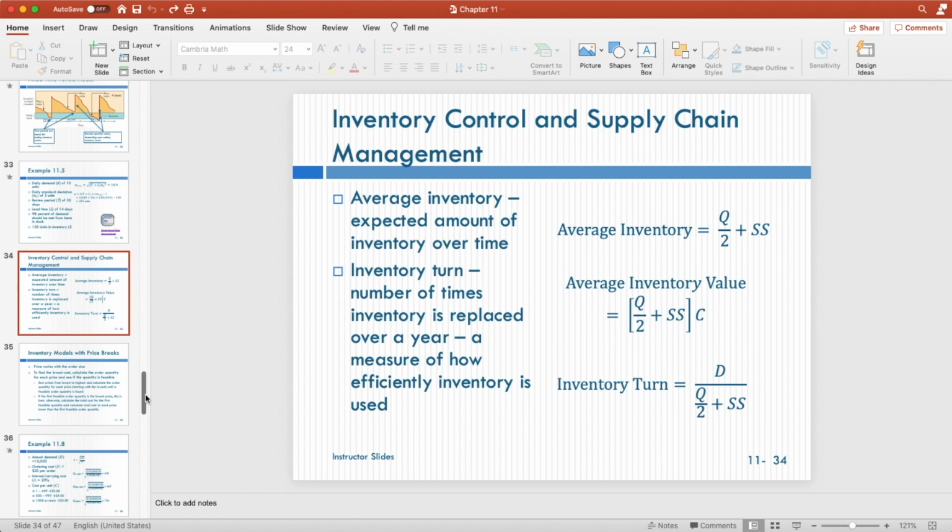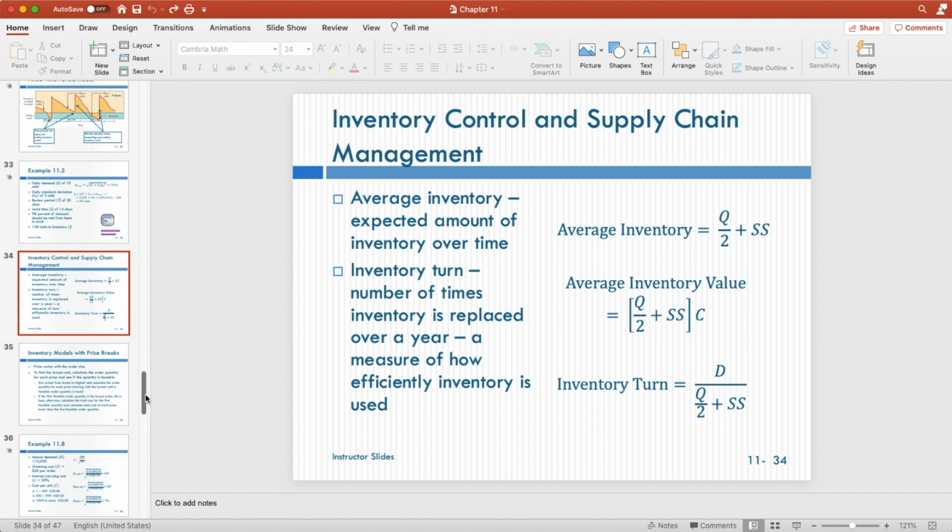You may wonder why we need inventory turnover, or what inventory turnover is measuring. It's very simple. We use inventory turnover to measure how efficient our inventory control system is.